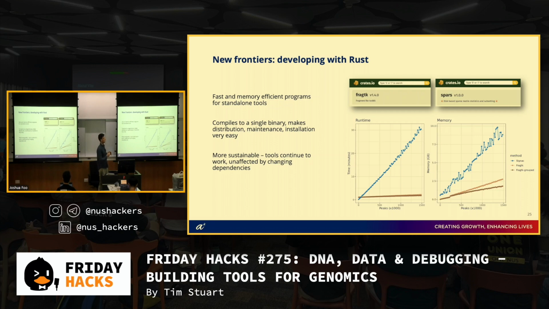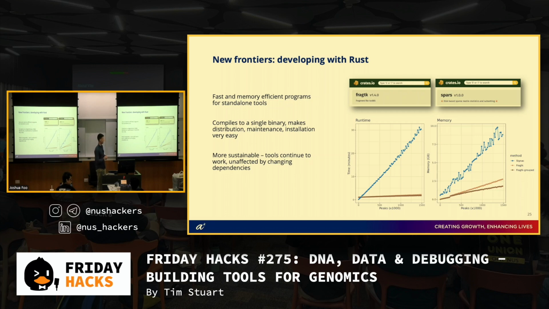All the package management and everything in R is actually very complicated. It takes a long time, and it's a big advantage for people to just be able to run your tool. Rust doesn't even need a runtime. It just works. So that's nice.